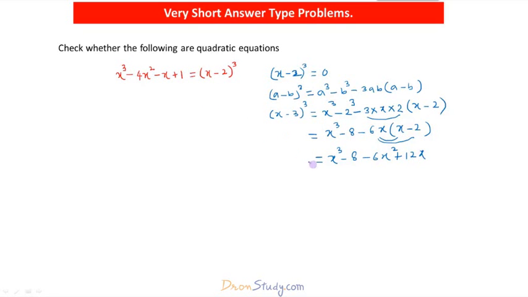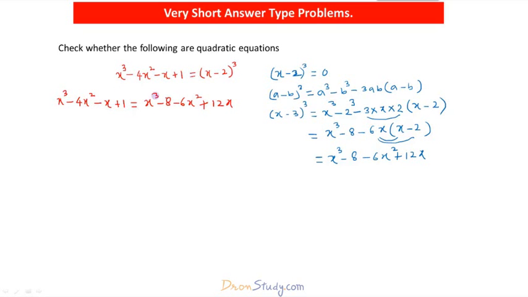Now we will equate this left hand side and right hand side, and so we will get x cube minus 4x square minus x plus 1 equal to x cube minus 8 minus 6x square plus 12x.